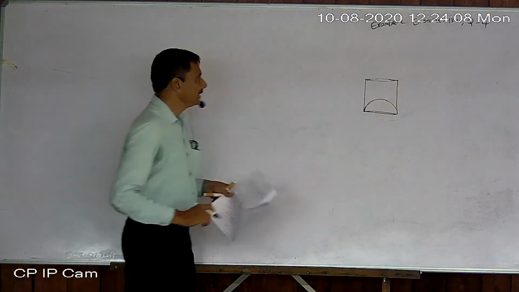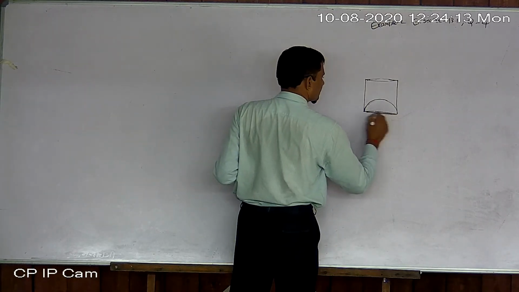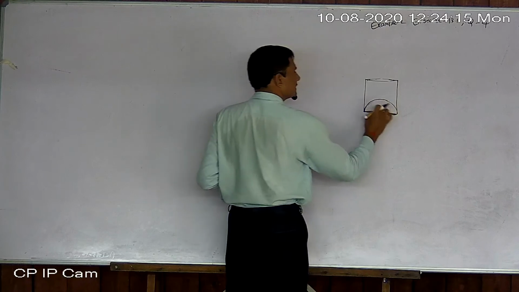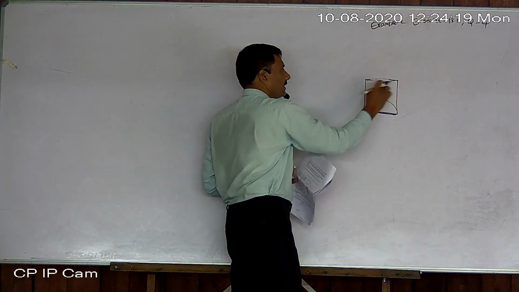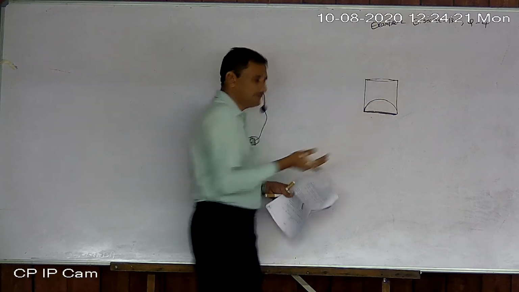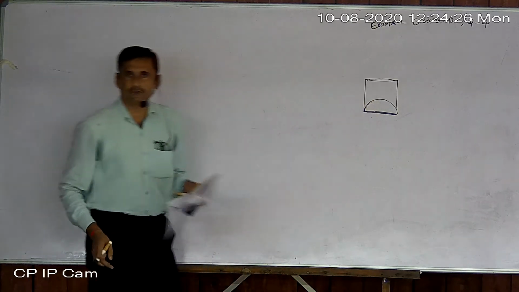Now they fill from here. This part is closed. This is the solid part. So if you pour something from here, it will occupy this space only. This is the depressed part. So nothing is there inside of that.